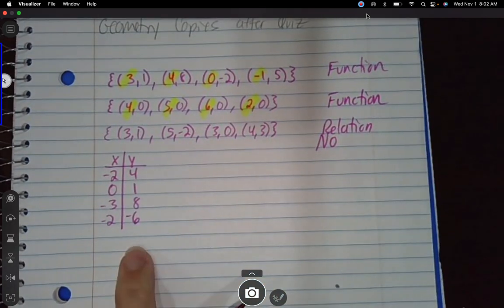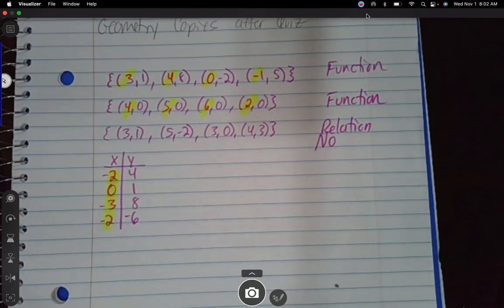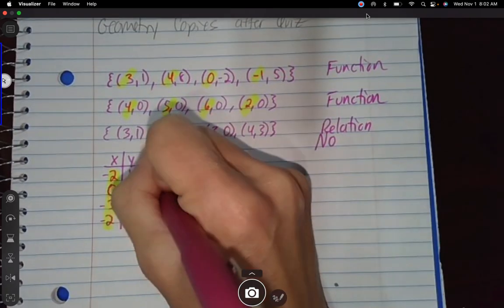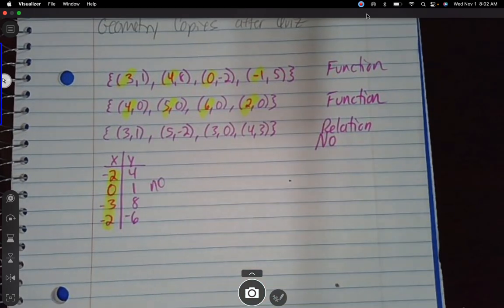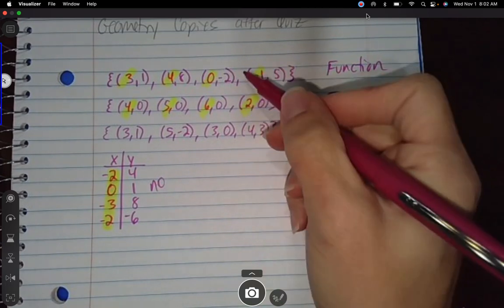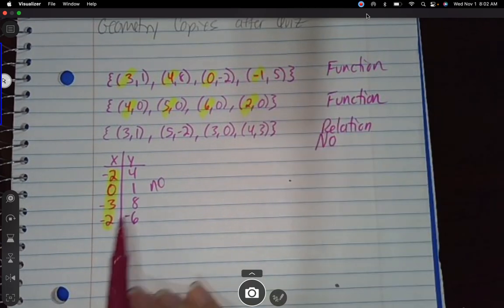Is that a function? It's the same exact thing. Look at the x values. What are my values? Those four numbers, right? Do any of those repeat? Yeah, the -2. So that is not a function. I would glue that in the relation part. Are we okay with that? So we have three like this that are tables.